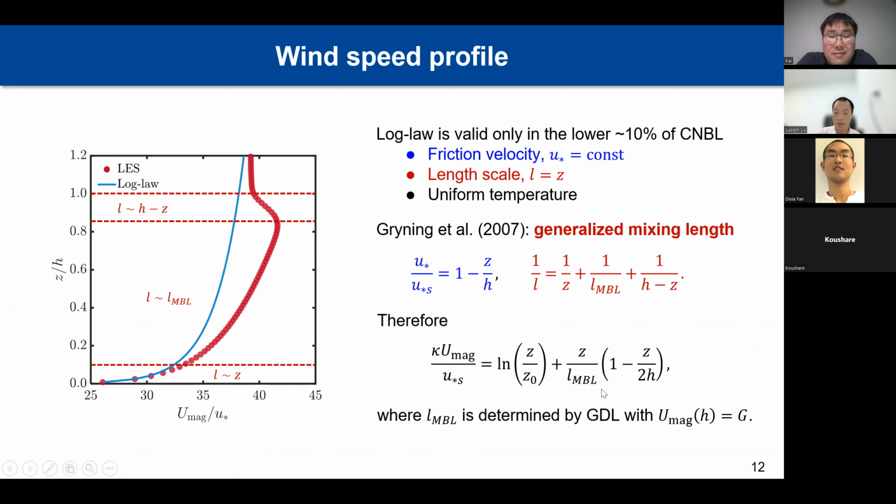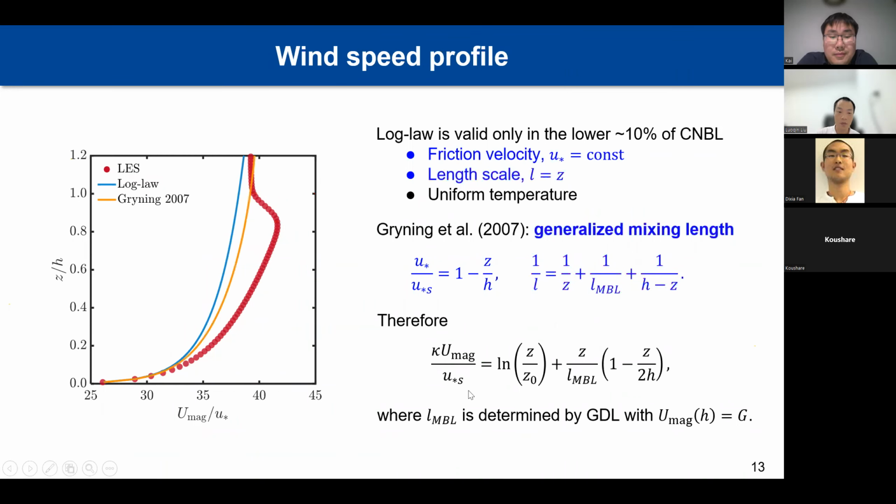Here, the length scale in the middle of the boundary layer is not known yet. So to determine this parameter, we need to combine it with the geostrophic drag law, that is, by setting the wind speed at the top of the boundary layer equal to the geostrophic wind speed.